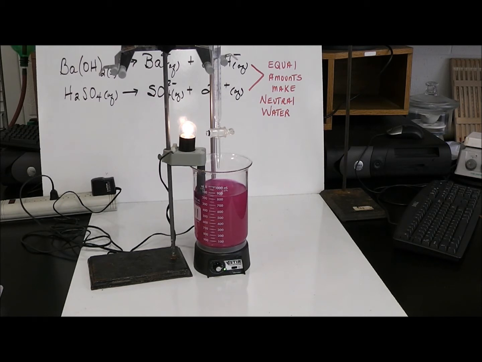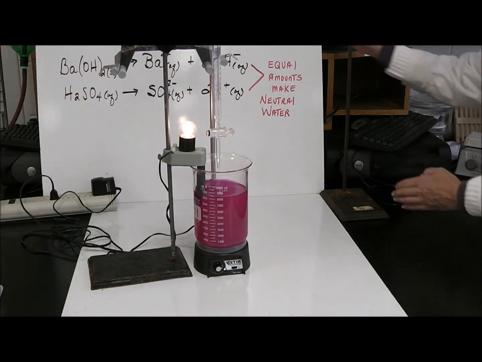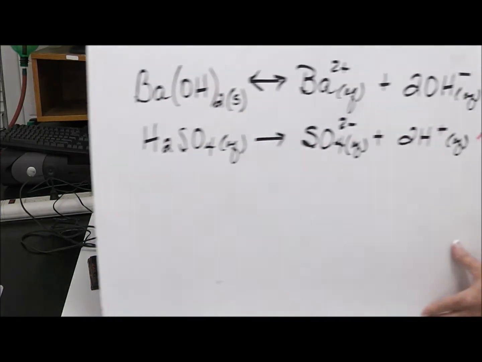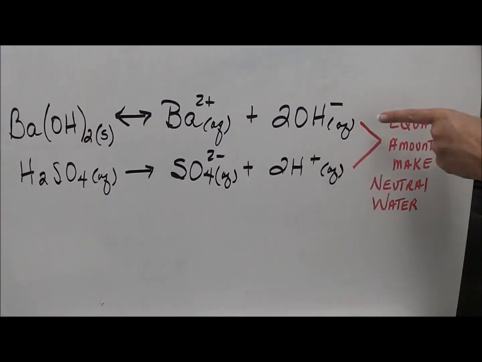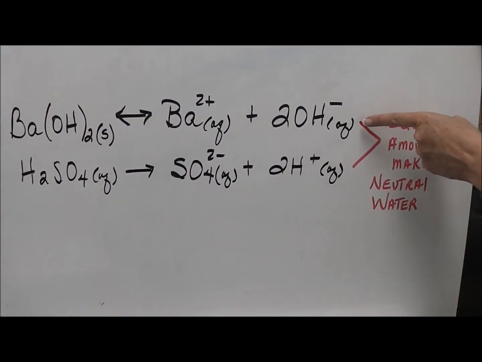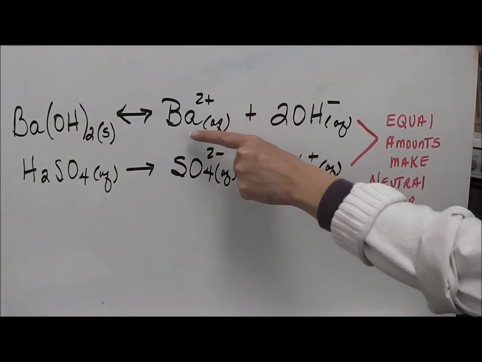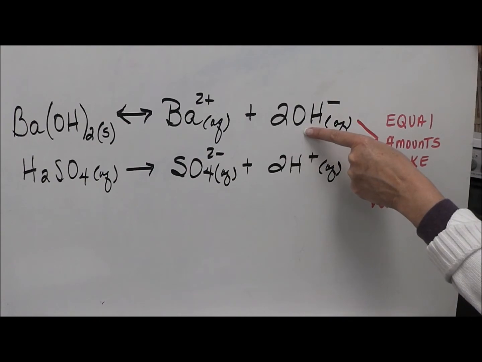Alright, now, so the very first one is the solution. I put barium hydroxide in water, and it dissociates into the barium ions and the hydroxide ions.